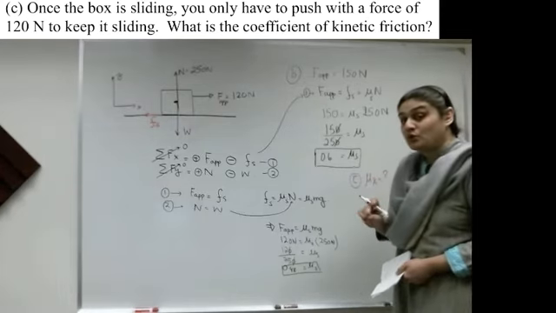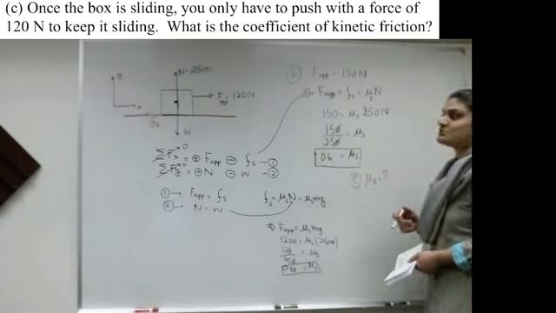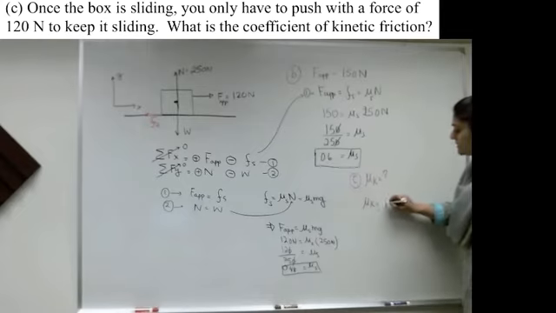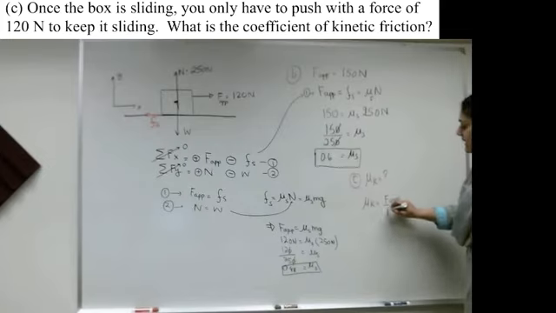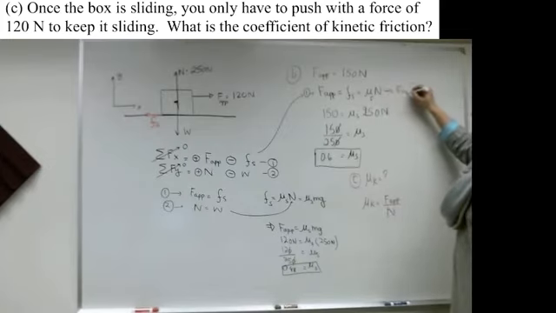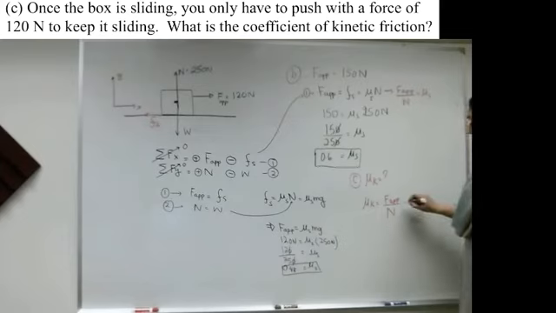Now again, will the normal force change? No, the surfaces are still the same, so the normal force cannot change. So mu K will now be equal to F applied divided by N, just as what we have been doing here. F applied divided by N equals mu S. Mathematically, the formulas are exactly the same.